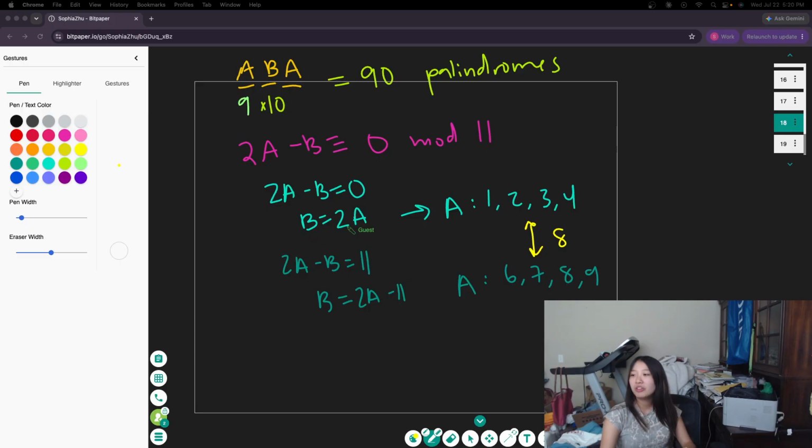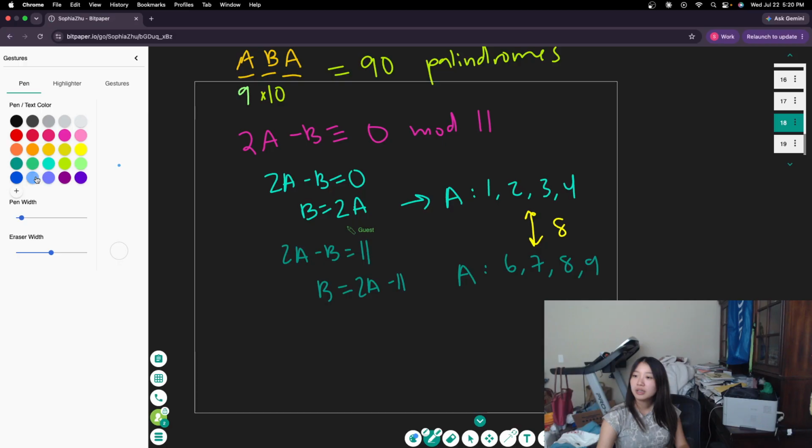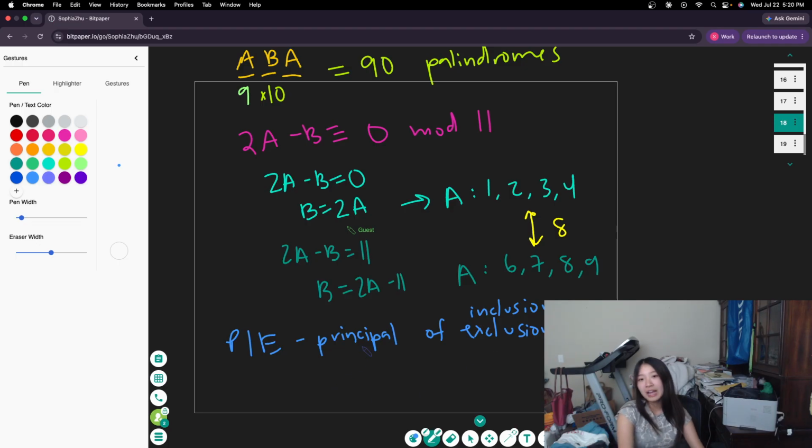So now what we do is we use something amazing called the principle of inclusion-exclusion. So in order to find what we wanted, we first find the numbers that are multiples of 11 or palindromes.